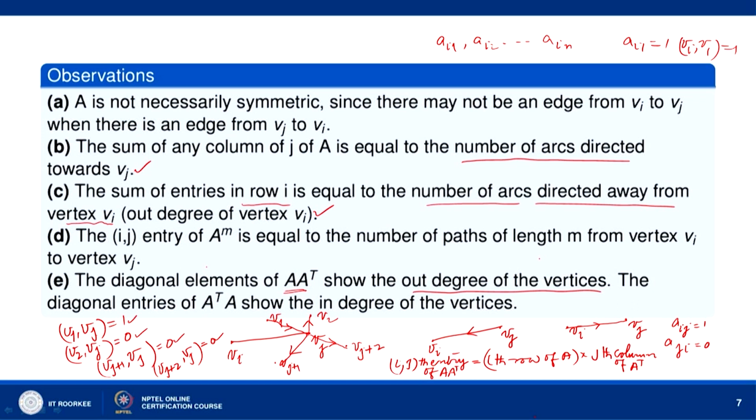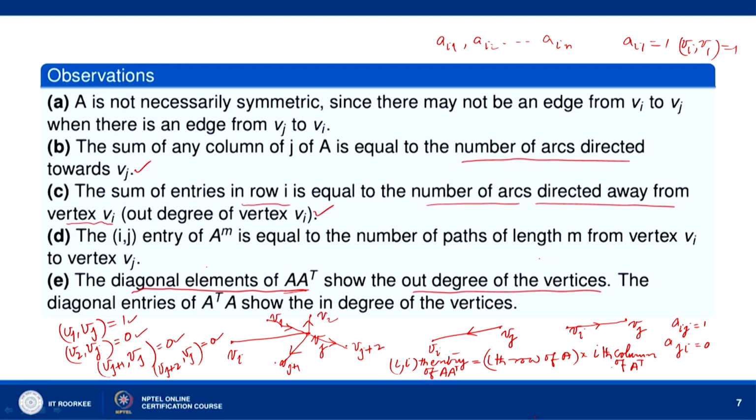Diagonal elements of A A transpose means the ith entry, because we are talking about the diagonal elements. So, this means the ith row of A into the ith column of A transpose.